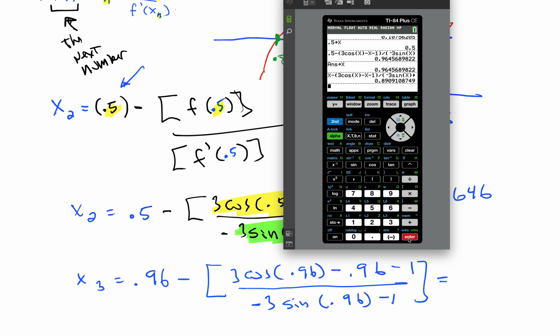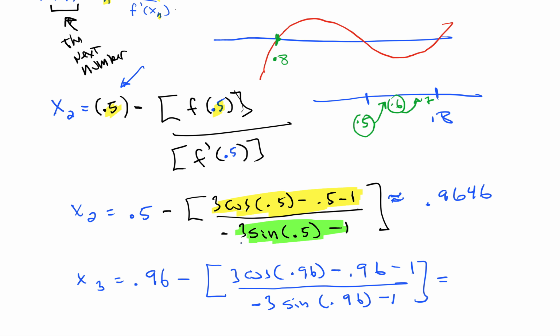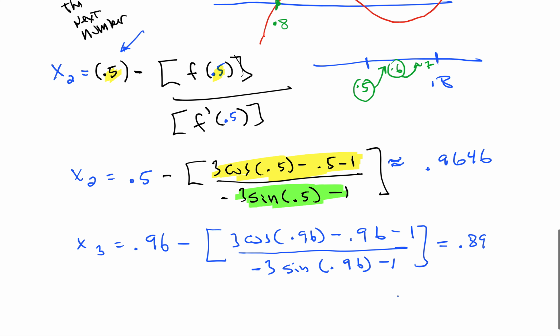So, bam, 0.89. Okay. That's our x3, right, 0.89. So x4 is equal to 0.89 minus, bam.